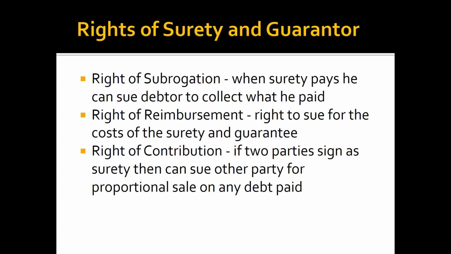If two parties sign, so let's suppose you have a husband and wife who are divorced, and they each sign as a surety or guarantee for their son's new car, and he doesn't pay. And they come after the husband, or they come after the wife, we'll say, because she's got the money, and she winds up paying $10,000. She can go to the ex-husband and say, okay, cough up your 5. Cough up your percentage that you owe.